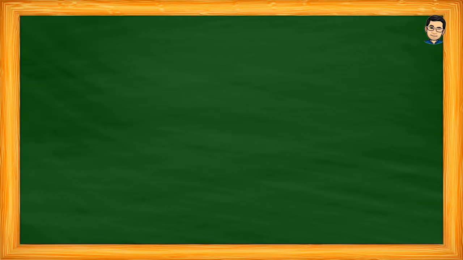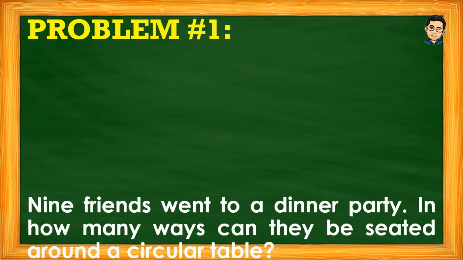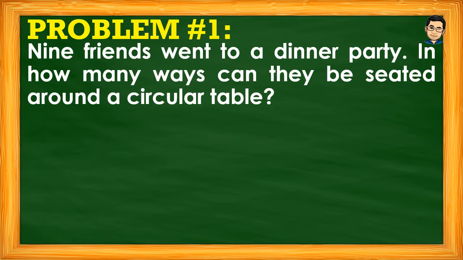So let us now move on to problem number 1. 9 friends went to a dinner party. In how many ways can they be seated around a circular table? So, yung isang indication dyan na circular permutation siya is the word around. Kahit na wala po yung circular table, nandun yung word na around, it means circular permutation po yun.